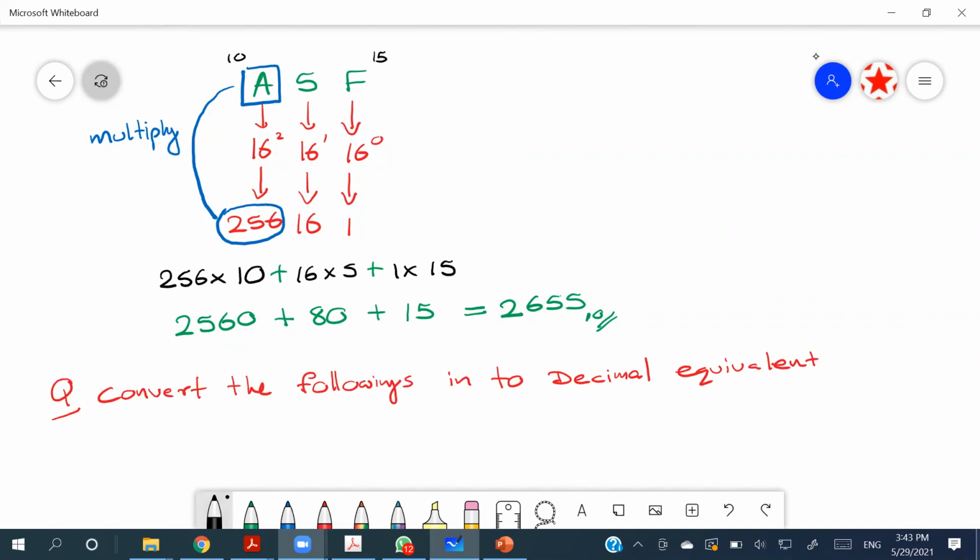Right. So the first one: 1, 1, 0, 0, 1, 0, 1, 1. It is in binary.